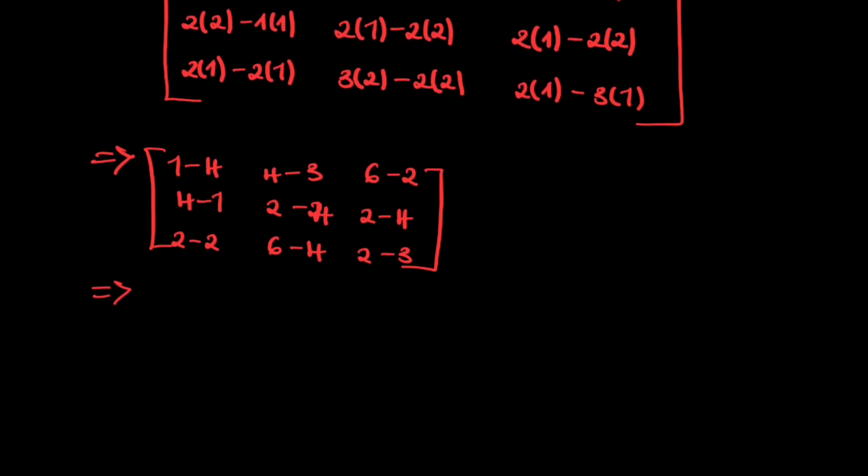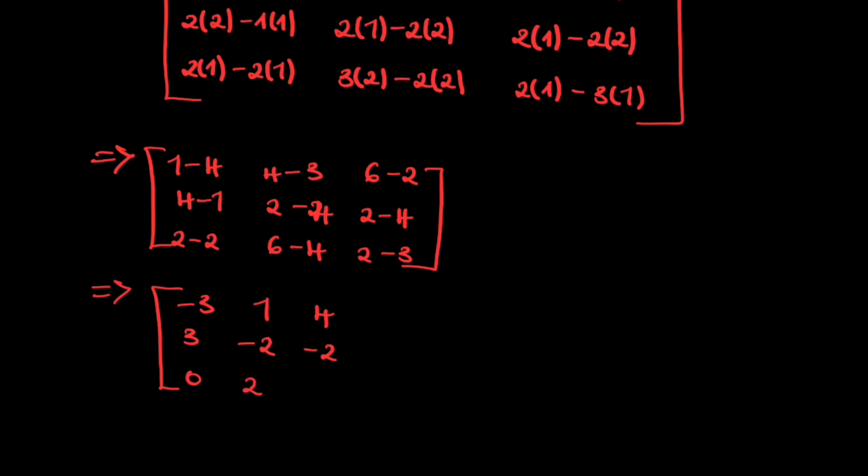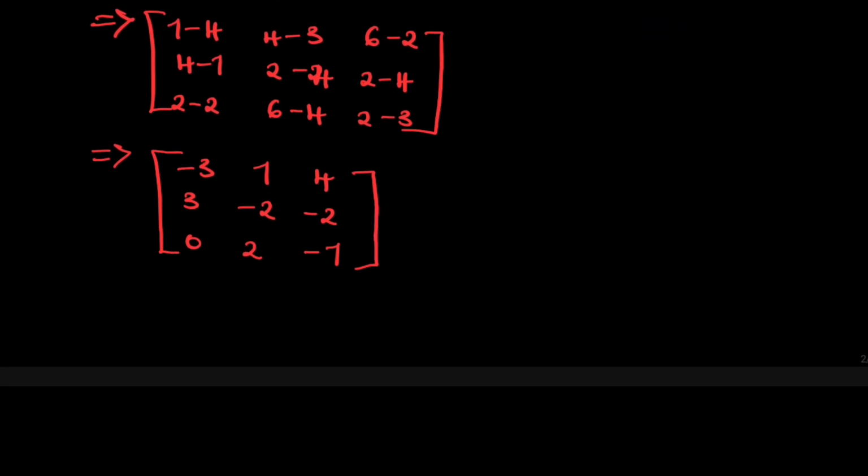Now we simplify again. So this is minus 3, 1, 4, 3, minus 2, 0, 2, and minus 1. So this is our cofactor matrix.